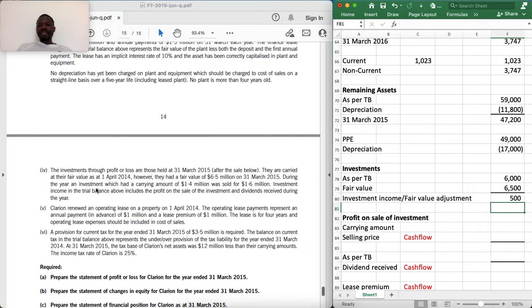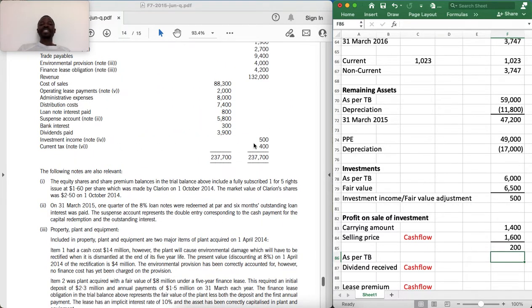During the year, the investment which had a carrying amount of 1.4 was sold for 1.6. So this selling price becomes a cash flow. So there was a profit on sale of that of 200. Investment income in the trial balance above includes the profit of 200. How much is the investment income? The investment income is 500.